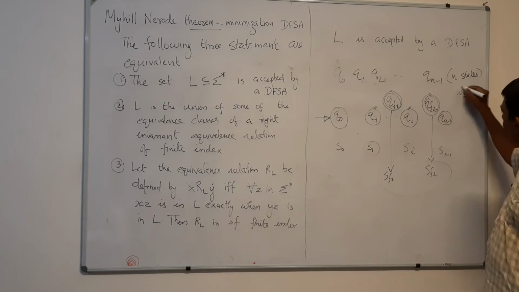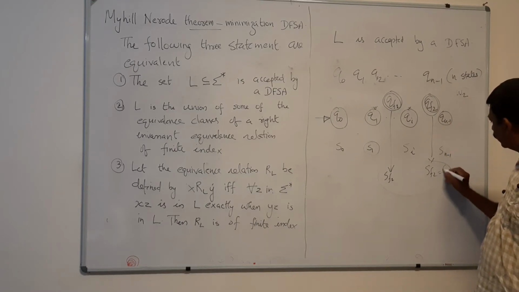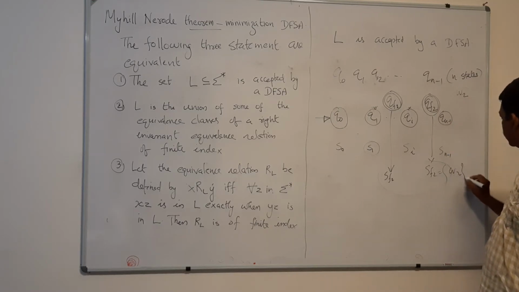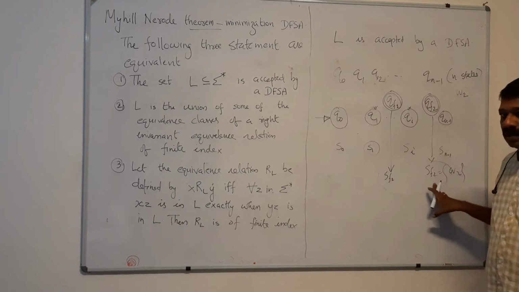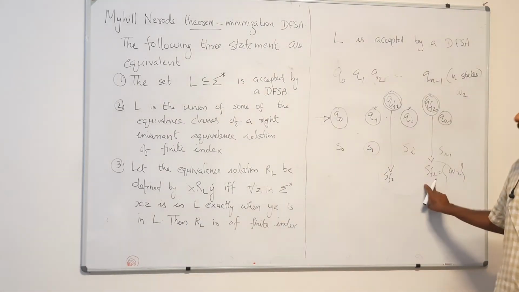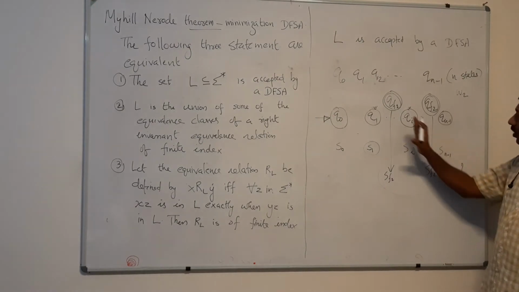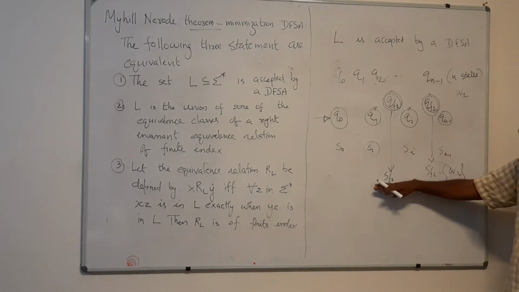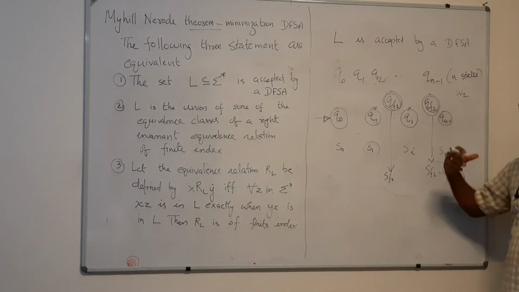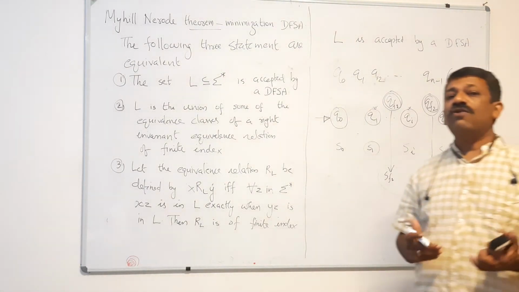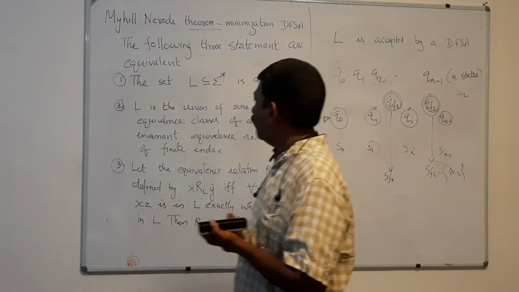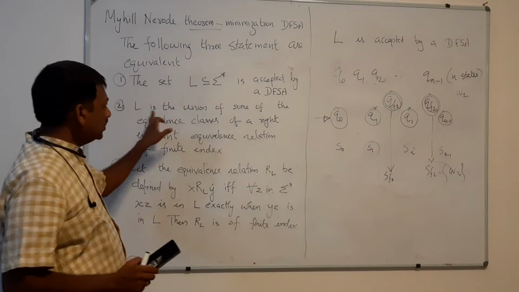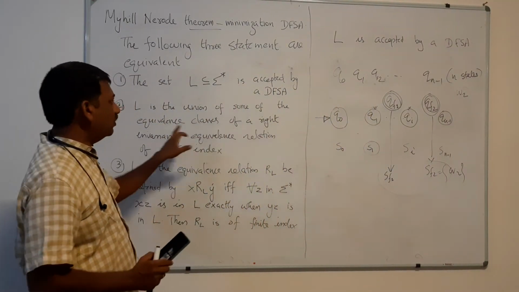Then w2 belongs to sf2; w2 is a member of this equivalence class. Now suppose you have two final states, then you have two equivalence classes sf1 and sf2. You have to take the union of those two. That is the meaning of the second one: L is the union of some of the equivalence classes.